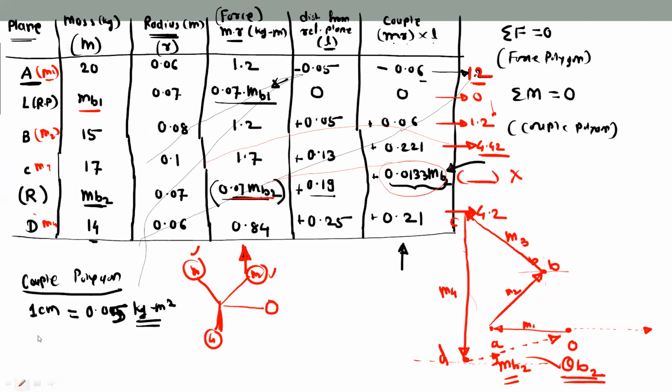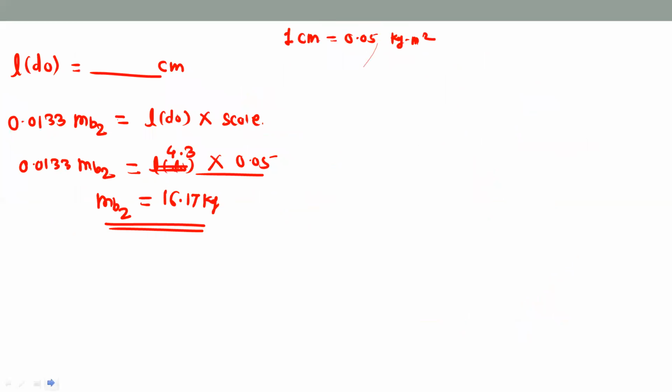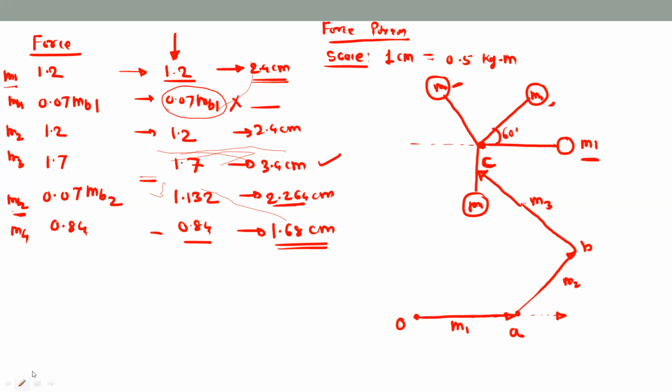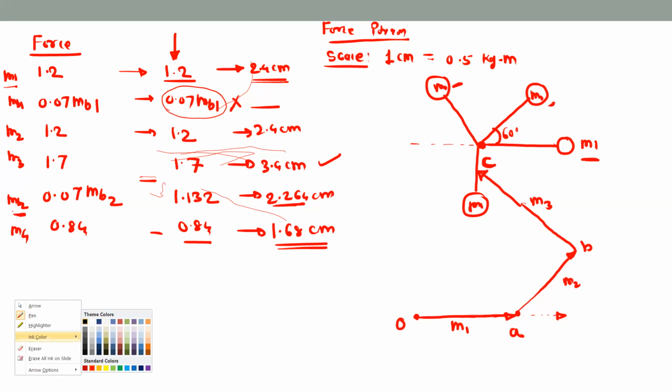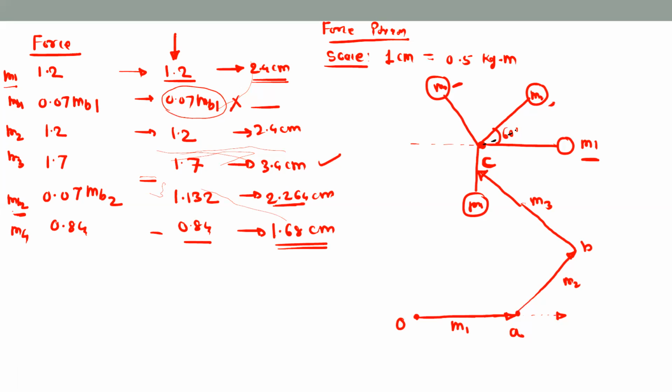I don't have the exact value for that angle. You try to find out that theta B2, and then in this diagram, you add that mass. Suppose somewhere here, this is theta B2, that is the balancing mass 2.